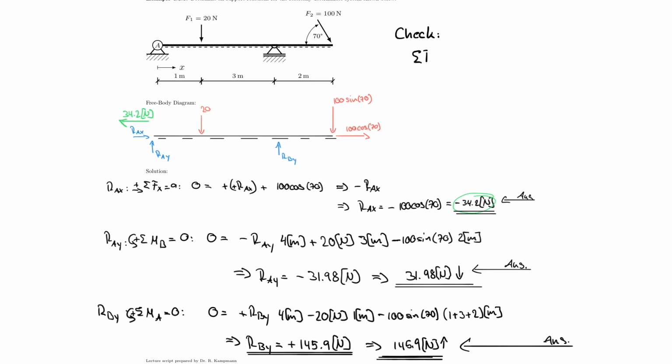is the sum of the forces in the y direction being equal to 0, and 0 is equal to, careful now, because the first one is going down, right? So minus 31.98, plus, no, that's not true, minus 20 plus 145.9 and minus 100 sine 70.